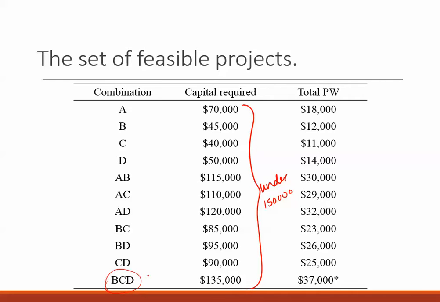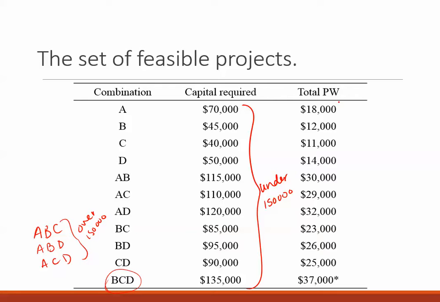Now here we see BCD, and you notice that I am missing the combinations ABC, ABD, and ACD. All of these combinations go over 150, which is why they're not mentioned here.